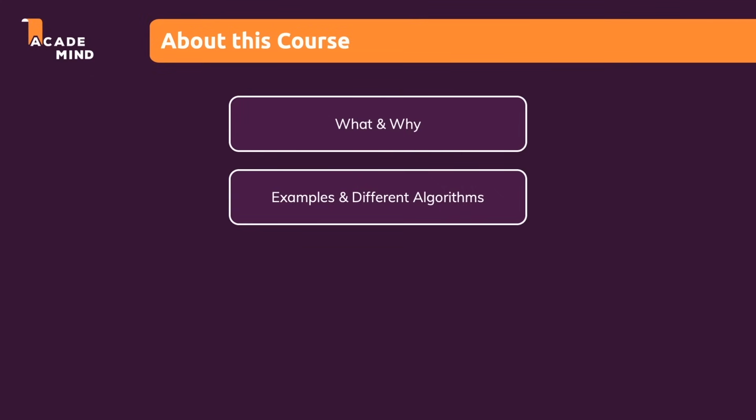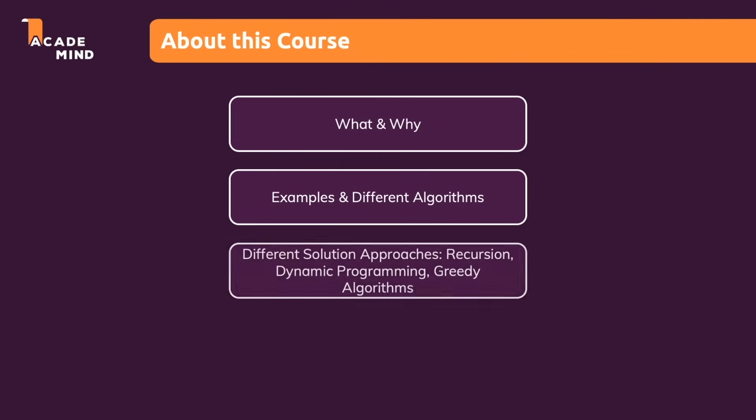We do, but we'll see a lot of examples on different algorithms, different kinds of algorithms, and also very important, different solution approaches. So different ways of solving algorithms, but also some repetition so that you have a chance of getting a feeling for a certain way of solving something, so that you have a chance of understanding how to tackle certain problems. We'll have a look at recursion, at something which is called dynamic programming, at greedy algorithms, and more.